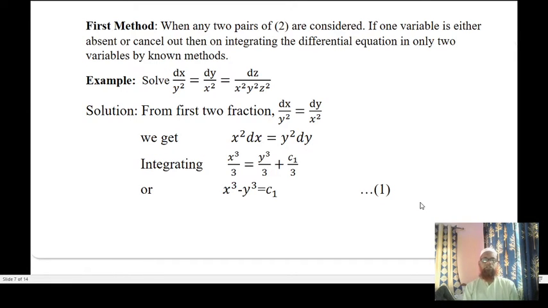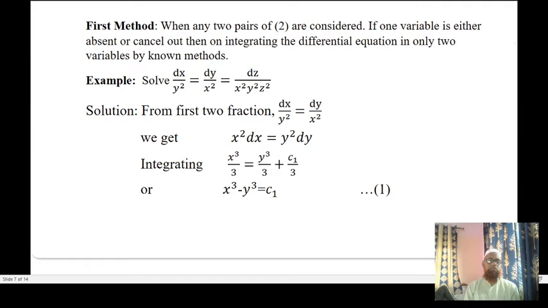First method of solving total differential equations. We have two methods. First one: when any two pairs of equation 2 are considered. Equation 2 consists of three pairs, three ratios, three fractions. Out of three we have taken two pairs.